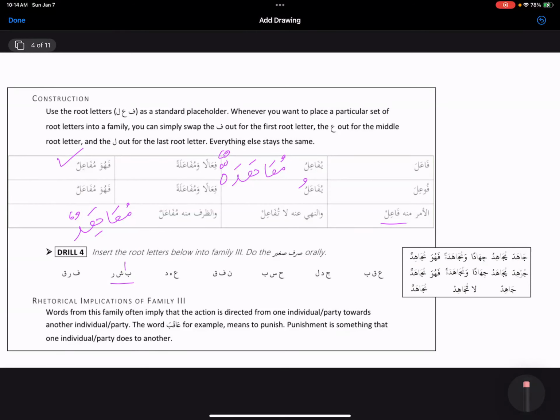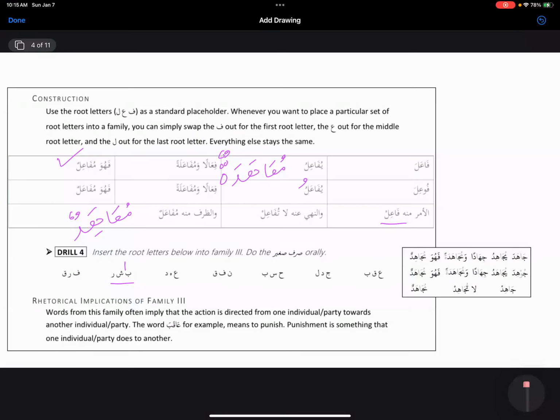Furiqa, yufaraqu, firaqan, wa mufaraqatun, fahuwa mufaraqun.